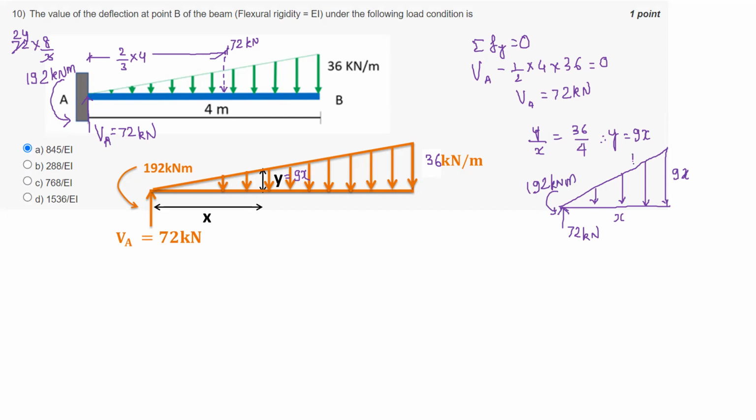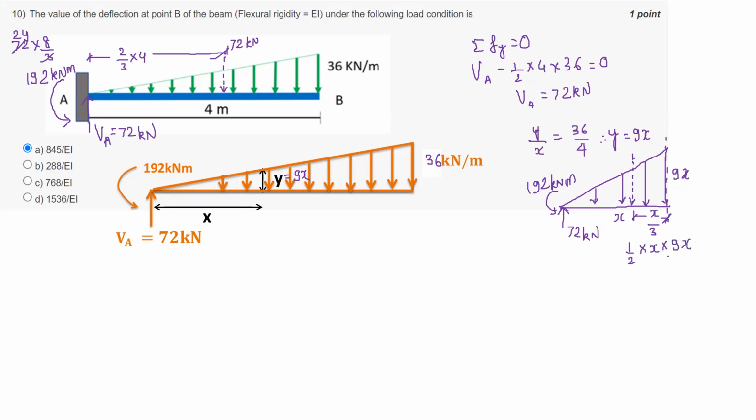And then this will act at the centroid, and we have this distance. Now we have to take moment at this point, so this will be x by 3. Then what will be the total load? We will calculate this total load: 1/2 into x into 9x.